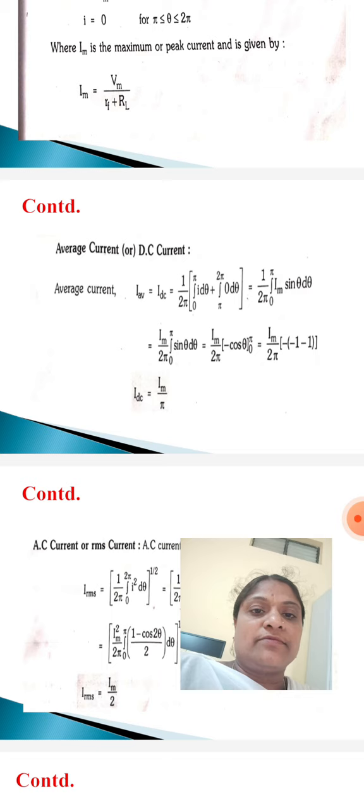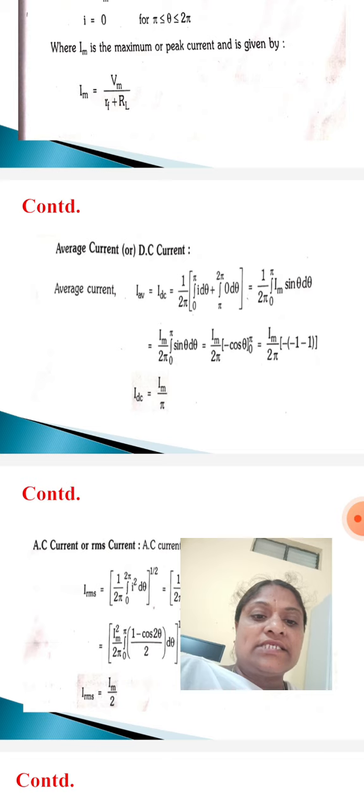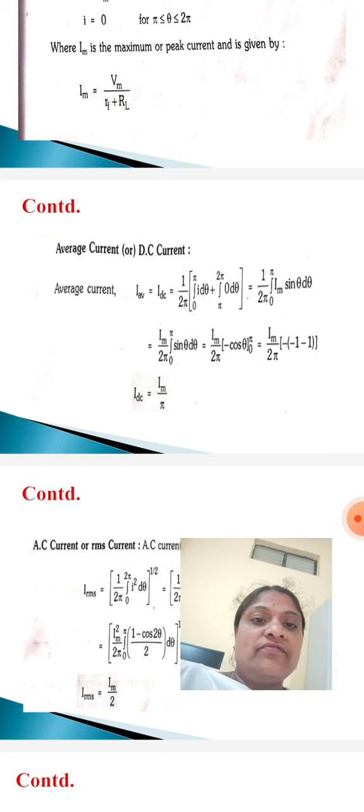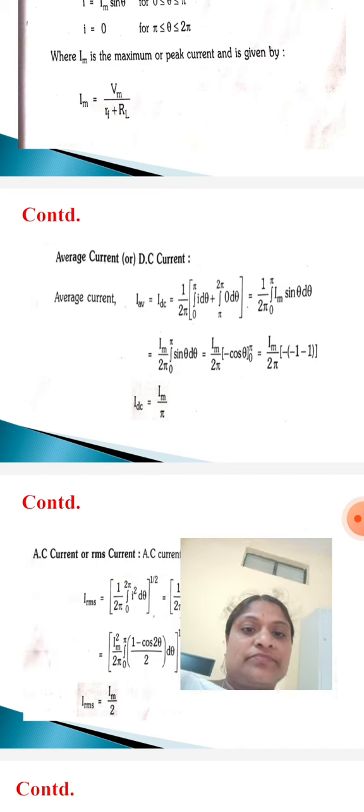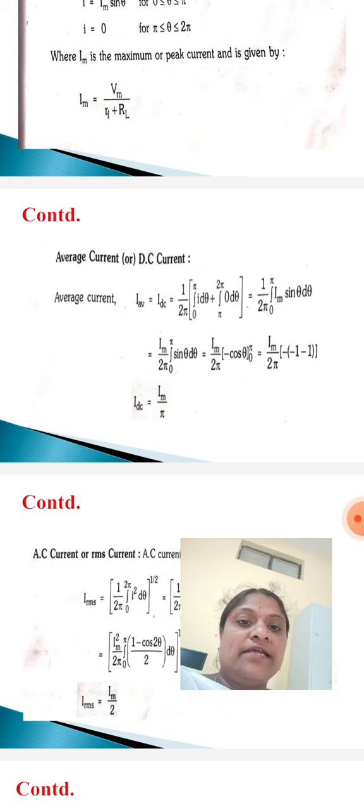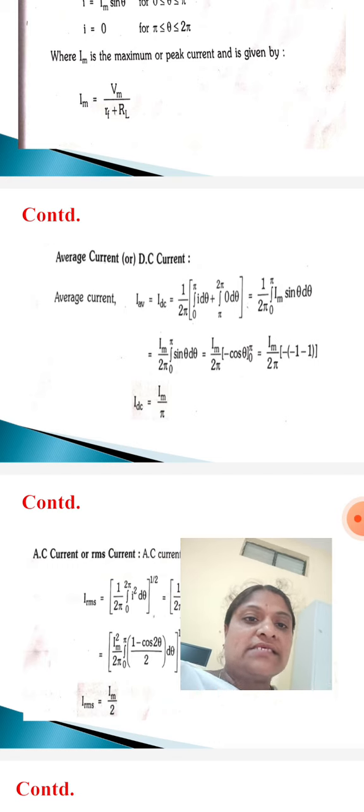So Im/2pi of minus cos theta, applying limits 0 to pi, is Im/2pi of (minus cos pi) minus (minus cos 0), which is minus cos 0 equals 1, plus cos pi equals minus 1.